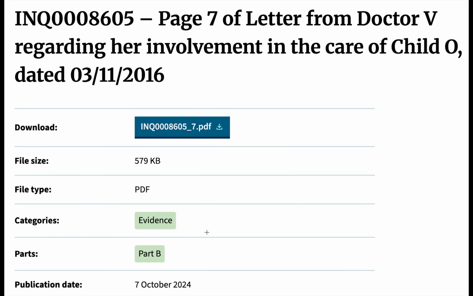So in order to support this assertion, the document INQ 0008605, page 7 of a letter from Dr. V regarding her involvement in the care of child O, dated the 3rd of November 2016, has been cited. So I particularly want you to look at the date 3rd of November 2016 because that will become important as we continue.